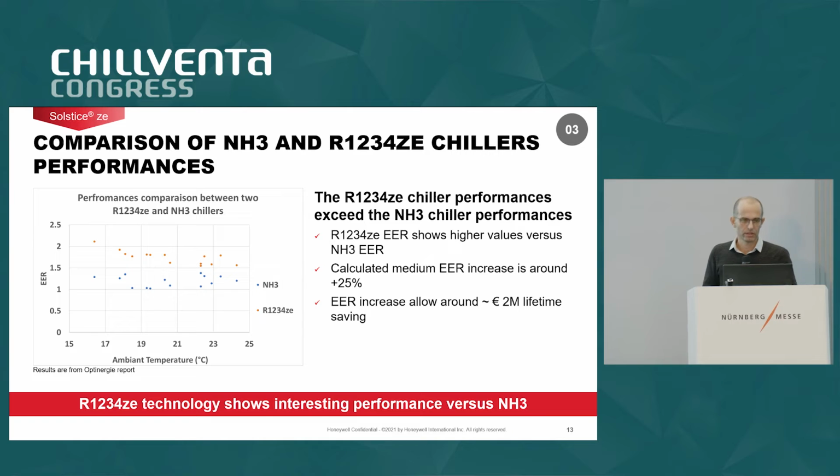And here you can see the result of this campaign, where we can clearly see a big advantage of Solstice ZE chillers versus ammonia chillers. We are at around plus 25% higher performance, which is a very interesting value, and this will impact the investment of the company, because apple storage facilities are huge installations and they consume a lot of electricity.